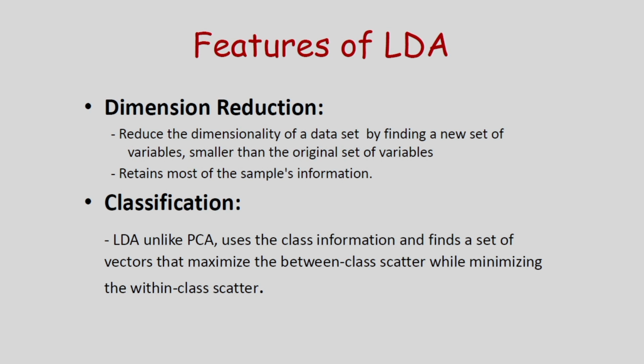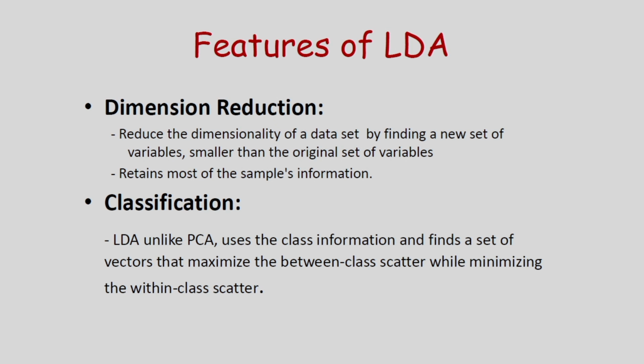That is, reduce the dimensionality of a data set by finding a new set of variables smaller than the original set of variables. I can do this, and also I can retain most of the sample's information. So, redundant information I can neglect, but I can retain most of the sample's information.